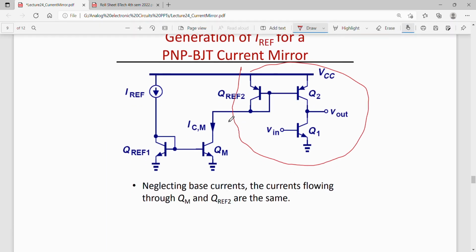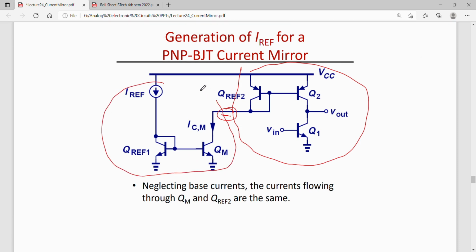That is for generating a reference current at this point, one can use an NPN cascode, and that reference current is fed to the PNP cascode. Not cascode, it is a current mirror, PNP current mirror, and this is NPN current mirror. So for PNP current mirror, reference current is generated by an NPN current mirror.